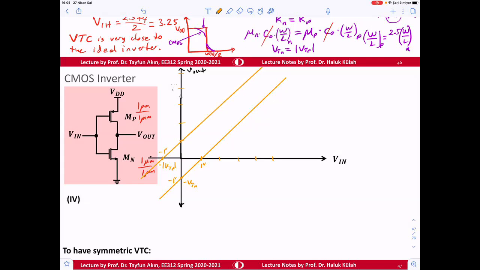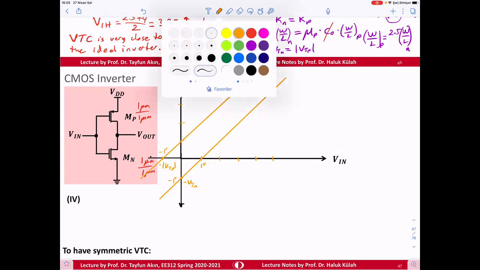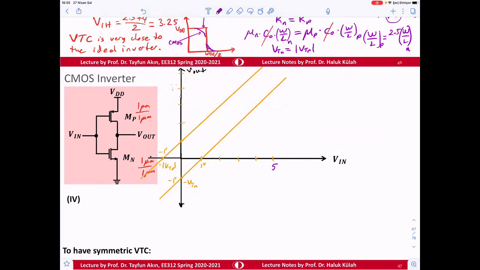Now let's draw this again. Maybe this is 5 volts, 4 volts, 3 volts, 2 volts, 1 volt. And this is 1, 2, 3, 4, 5 volts. Here, Kn is not equal to Kp, and let's say minimum size transistors are selected.